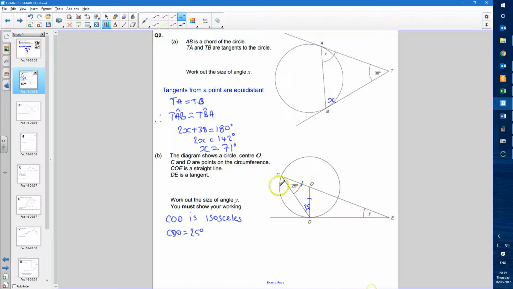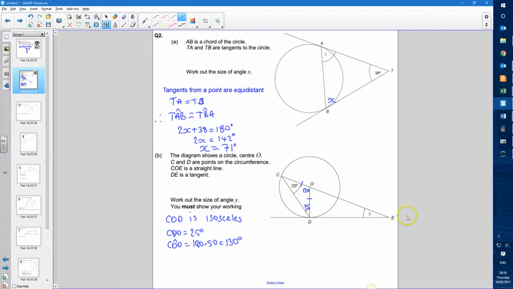Because this is an isosceles triangle, we now know that angle COD must be equal to 180 take away these two angles, which is 50, so 180 take away 50, which is 130 degrees. So I know this angle here is 130 degrees.